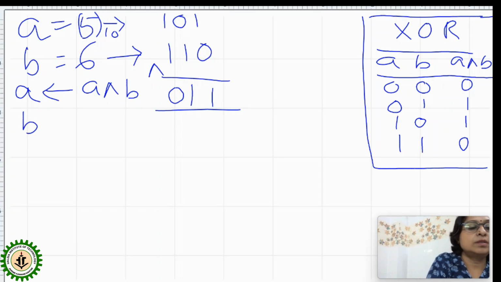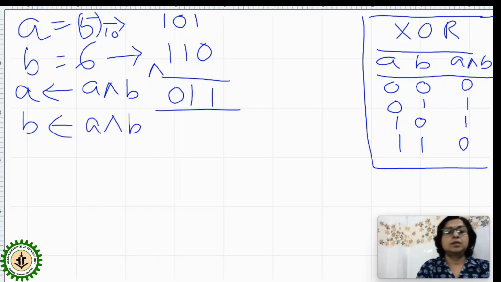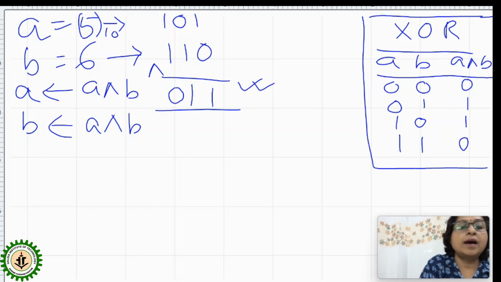Next was what? Again A XOR B. Now this is our new A and this is our B for now.